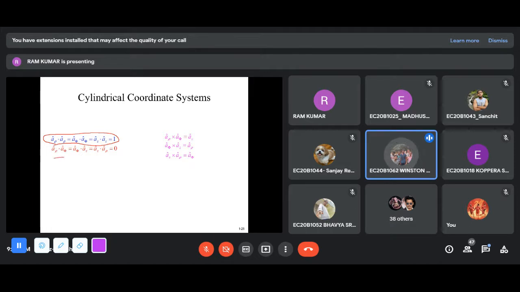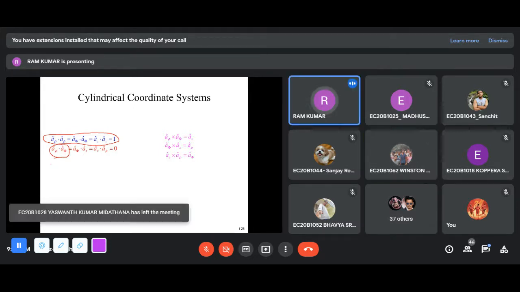The angle between a_rho and a_phi is 90 degrees. How is that, sir? I could not understand the question actually. a_rho is a vector along the radius, sir. What does it mean to have a vector along an angle?